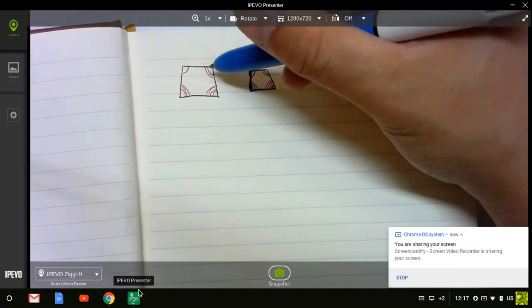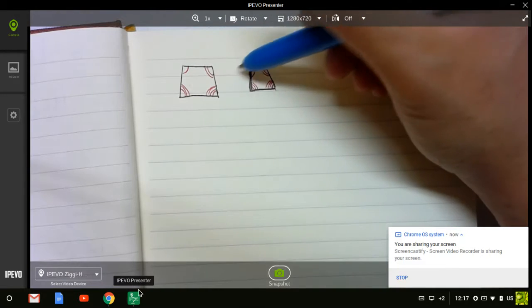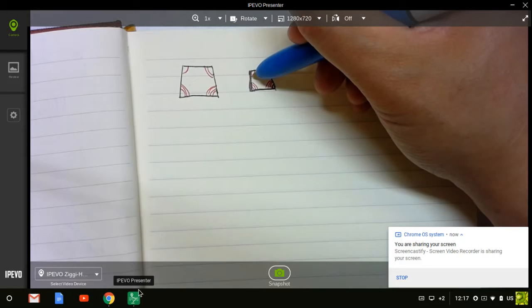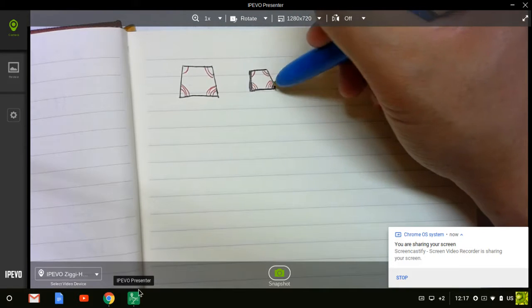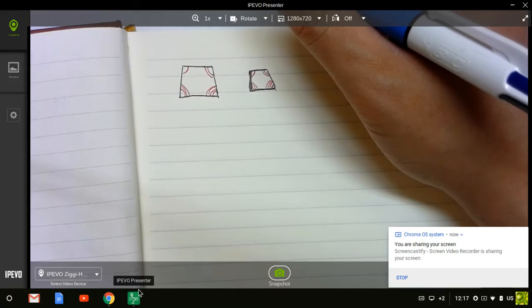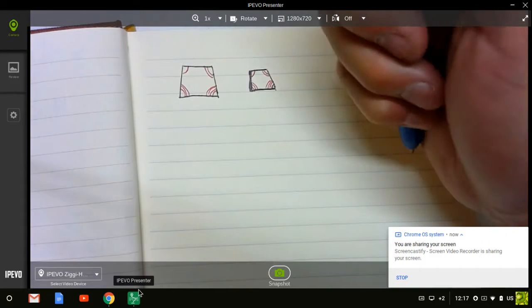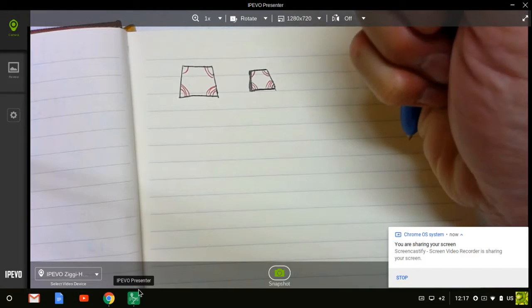So all the angle measures in the same order are the same in both of these shapes here.